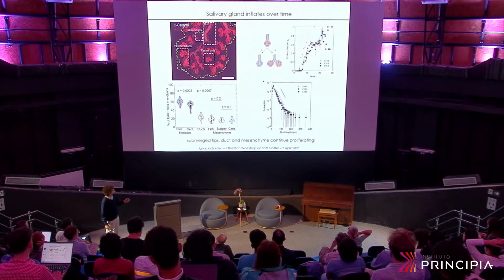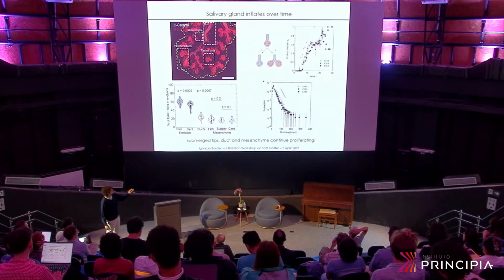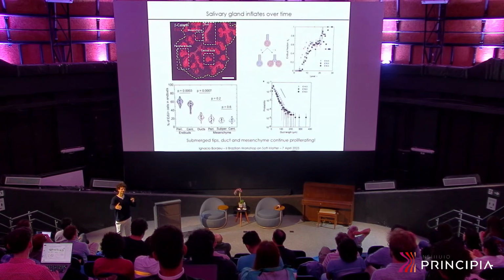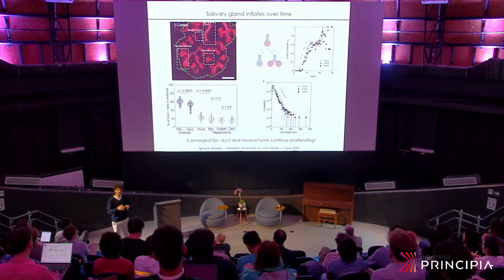At the same time, all our topological quantities, like how many tips are inactive at a given generation, keep changing with age. So they're not fixed even in the bulk region, which should happen in a tissue that is leaving behind an inactive ductal structure.